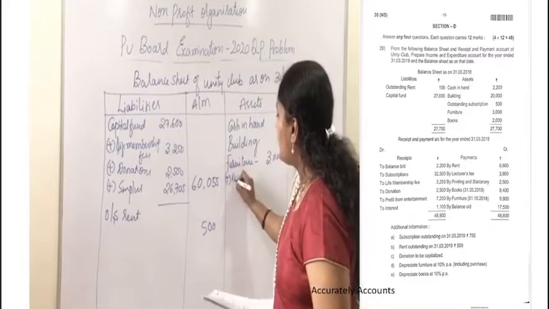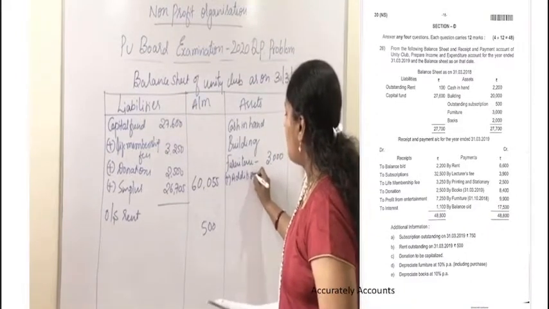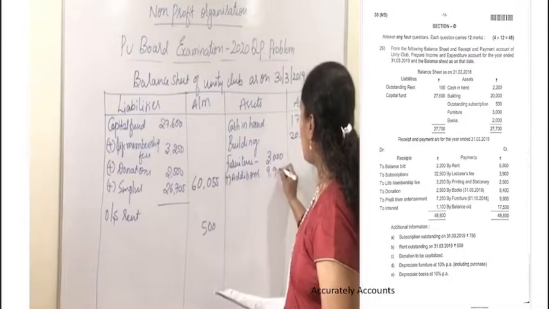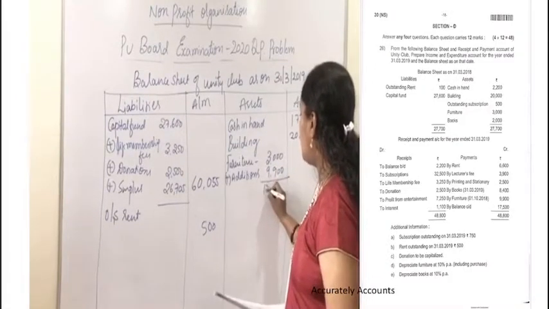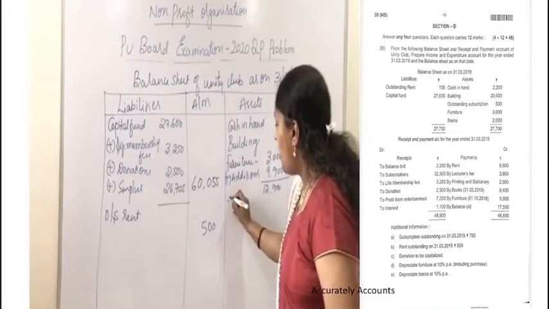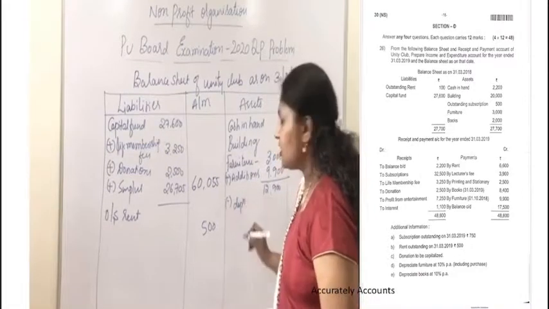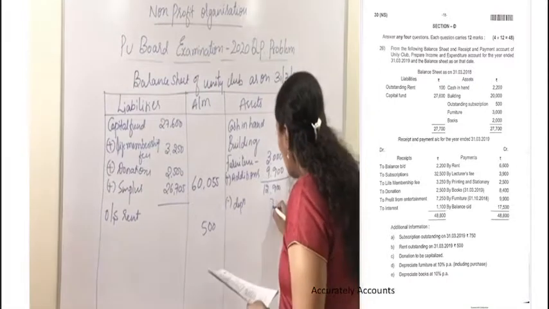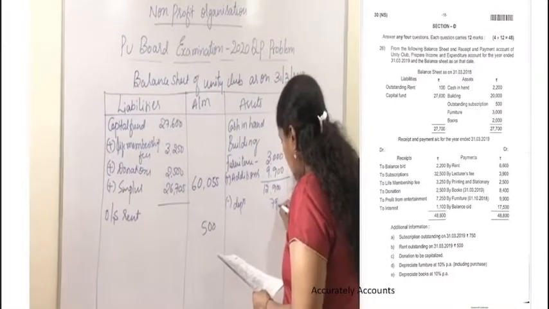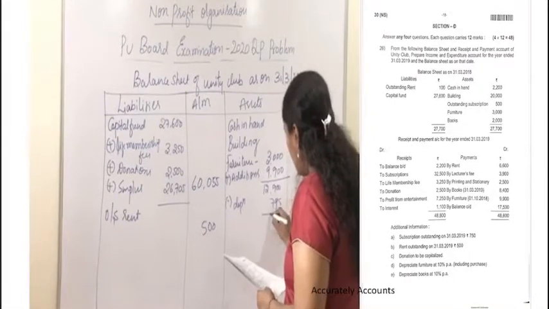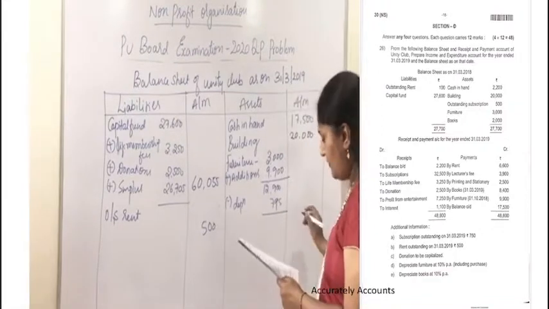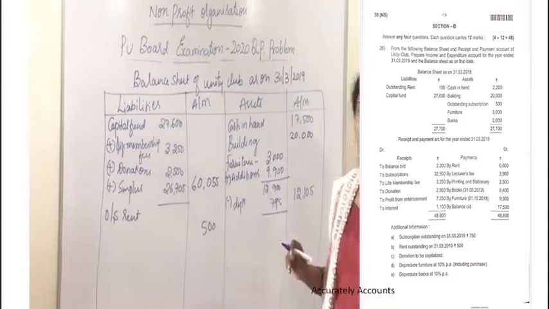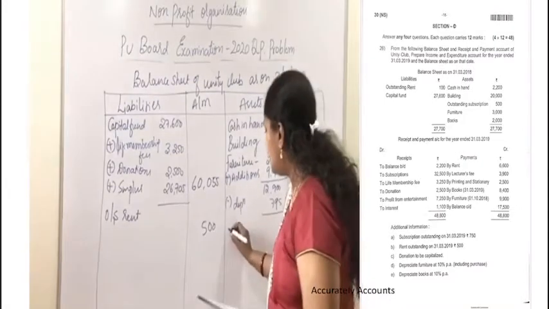Add additions to the furniture to the extent of 9,900. So the balance will become 12,900, minus depreciation on furniture. Already we have calculated depreciation on furniture, which was 795. So in the outer column, it is going to be 12,105.